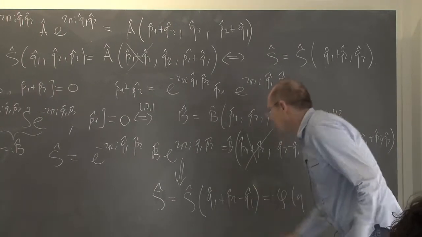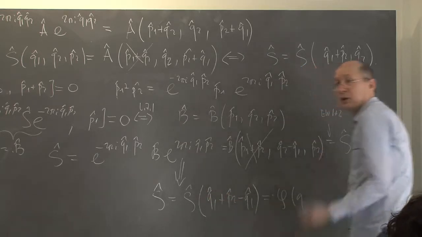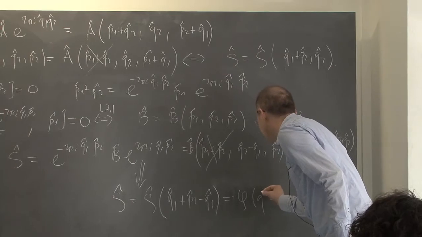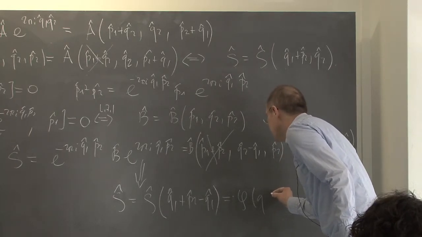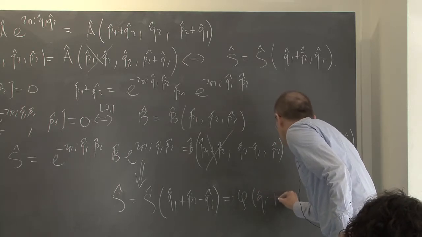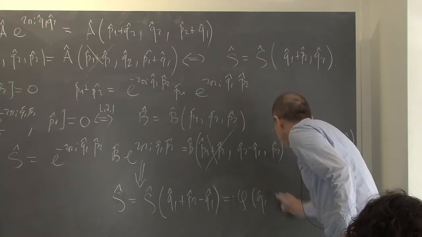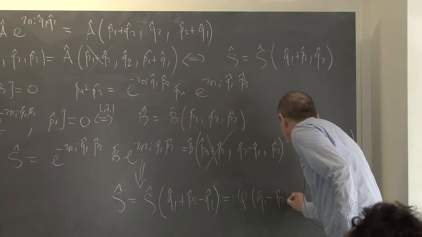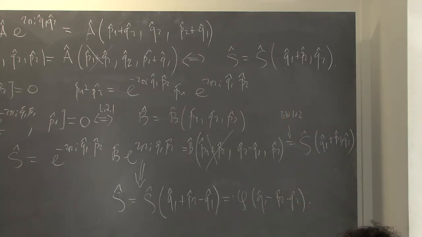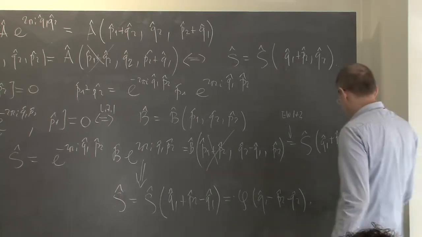Now we can think of true functional argument because we ended up with one single operator argument. Now this is not formal anymore, just one single operator argument of phi. That ends the proof of lemma.